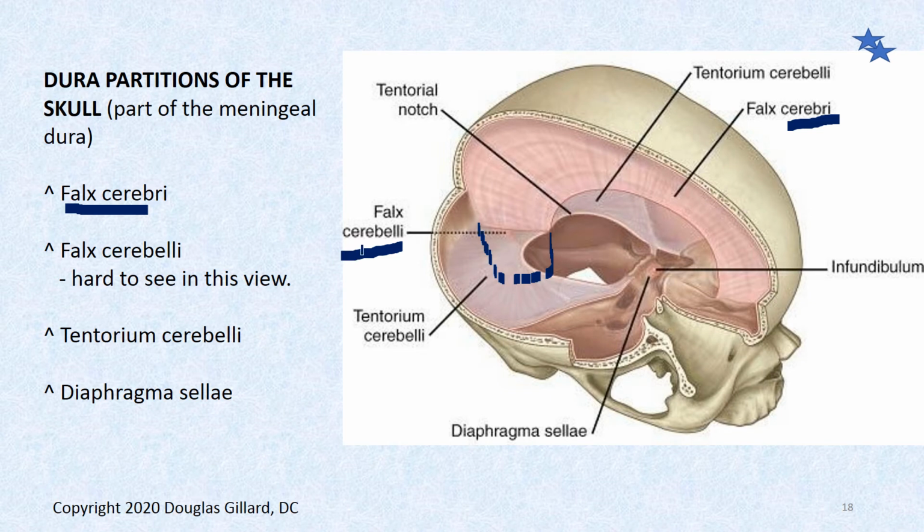Falx cerebelli separates the right and left hemispheres of the cerebellum. There's another little one that sits over where the pituitary lives in the sella turcica, and it's circular and it has a hole in the middle of it. That's called the diaphragma sellae. Diaphragma sellae. So these are the dural partitions of the skull right here.